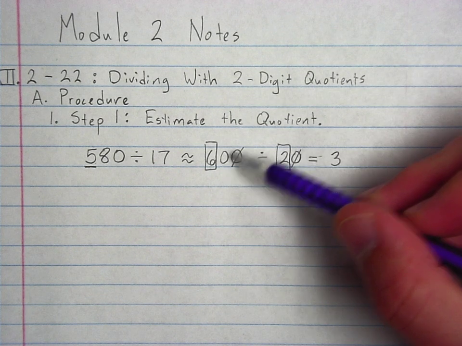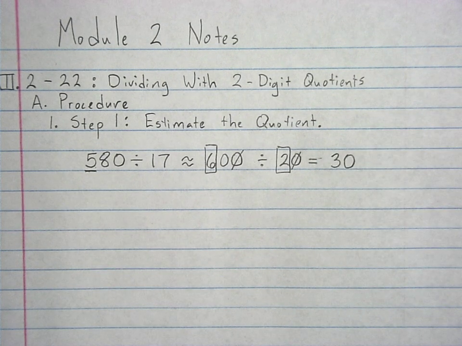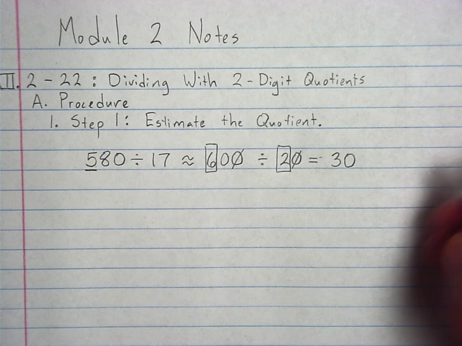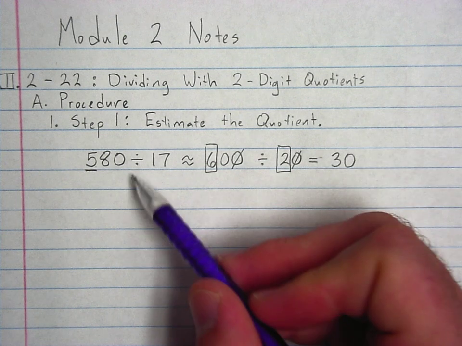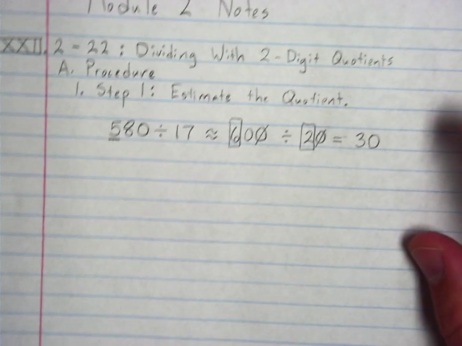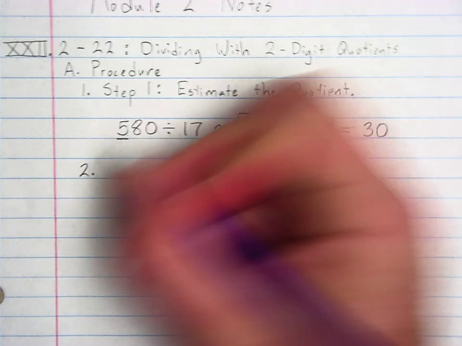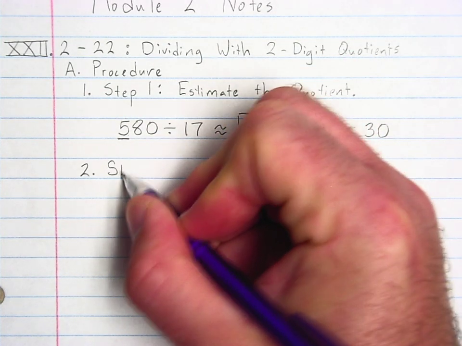But this 0 in the tens has no one to play with, so go fish. We'll carry it over here. Okay. Step 1 complete. Whatever our answer is, it should be fairly close to 30. It won't be 30. It's not going to be exactly 30. That's okay.